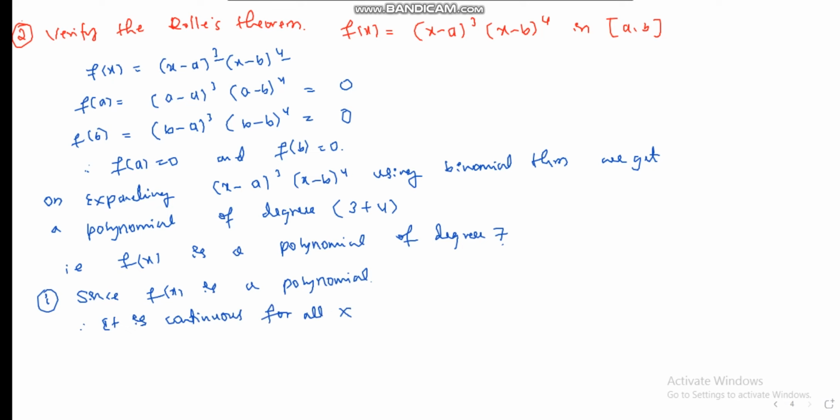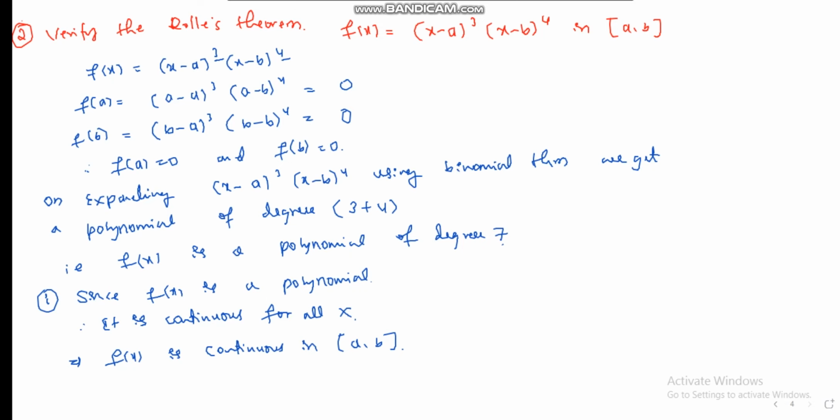This implies that f of x is continuous in the closed interval a comma b. So now we go for the second condition.